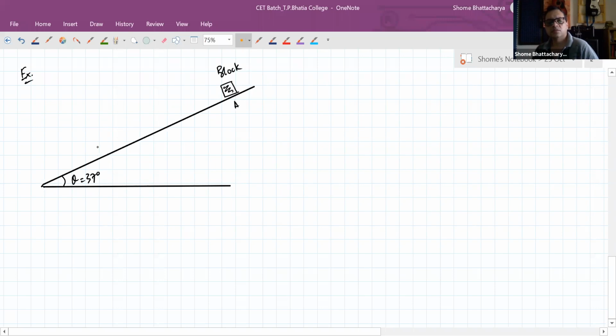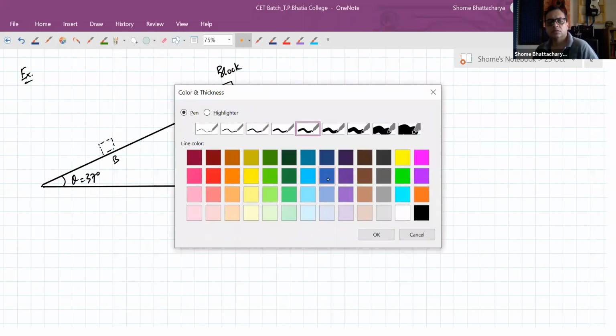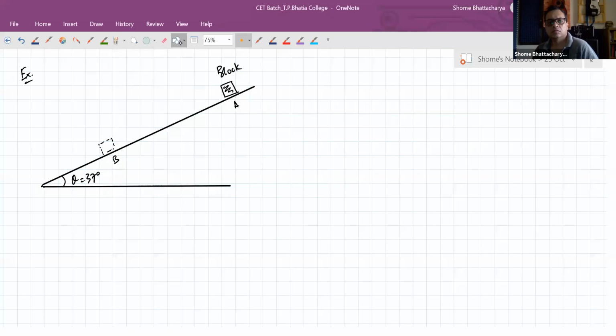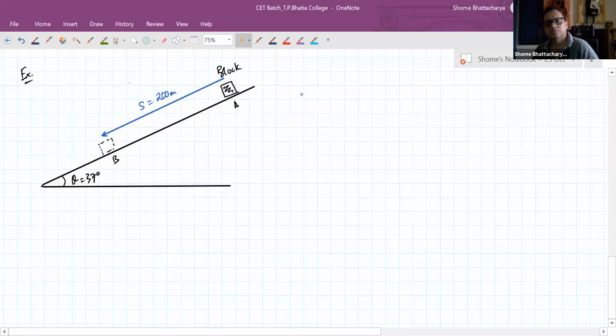Now this block slides from this position to this position such that while sliding from A to B, it makes a displacement of 200 meters. And acceleration due to gravity g is 10 meters per second square.